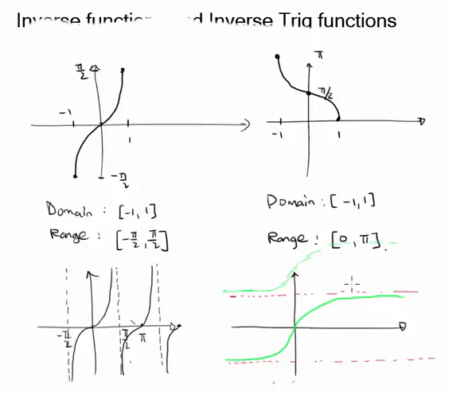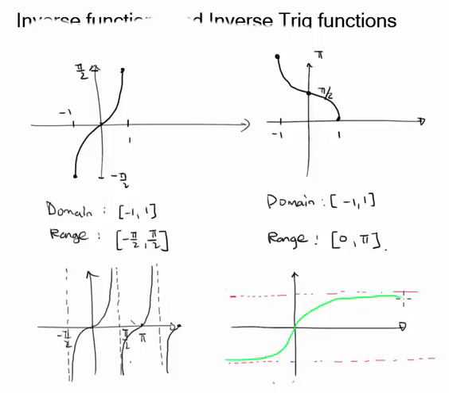like that. Of course, we have to make it into a function, so you're not supposed to take another branch. Instead of taking this part and this part, we just take this part and this part as what makes up the inverse tan function. So we just have to ignore this part here.